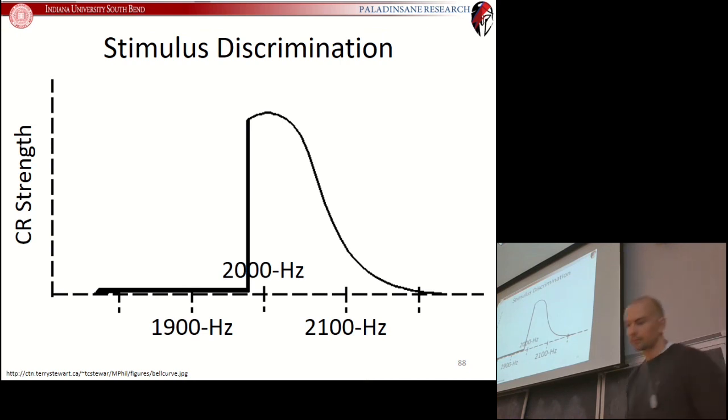So we would have no response to 1900 hertz tones. We would still have the highest response to the 2000 hertz tones, and again, it would decrease going this other way. But importantly, we've trained the organism to discriminate between the 1900 hertz and the 2000 hertz tone.